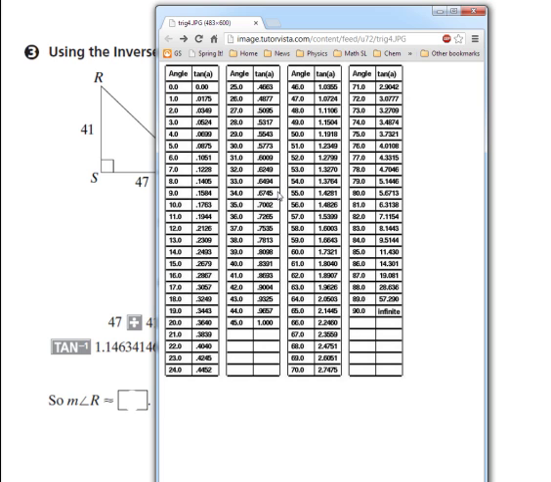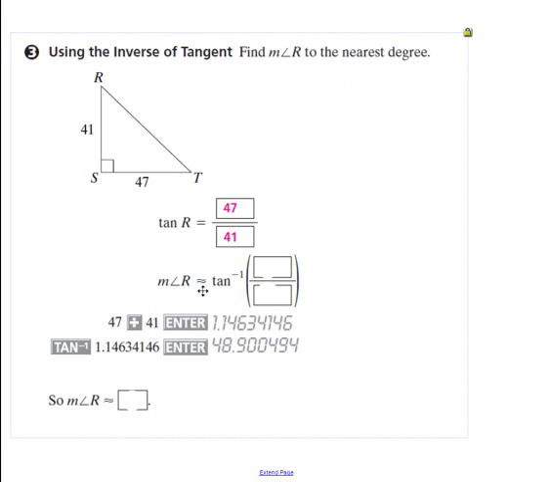So if we punch in 1.14, and so on, and do the inverse tangent, so that's tangent to the -1 is the inverse. You're telling it to do the opposite. So if we punch that into the calculator, we get the inverse tangent, 48.9, just like I said, between 48 and 49. So the angle was about 49, just under 49 degrees. So we're letting the calculator do that work of looking up these values in the chart.